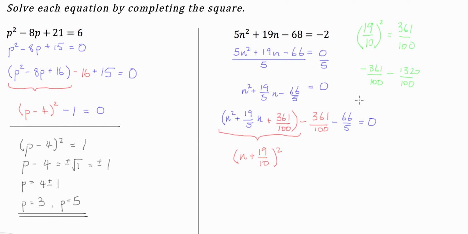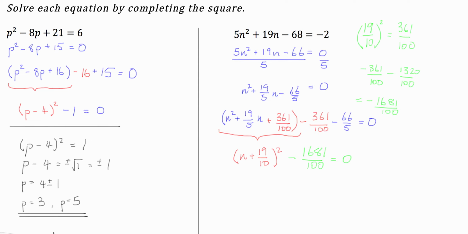If we take these away from each other, we get negative 1,681 over 100. So we'll put that in as this term: minus 1,681 over 100 equals 0.